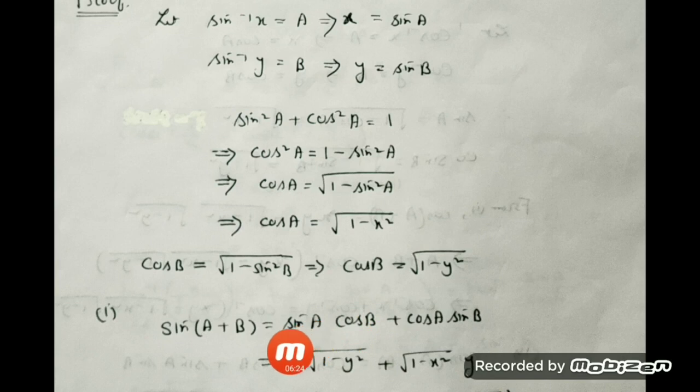Here, sin A value substituted is x. What is cos B? Under root of 1 minus y square. Plus cos A, whose value is root over 1 minus x square, into y. So you see, you required the answer in terms of x and y, and you have got it.